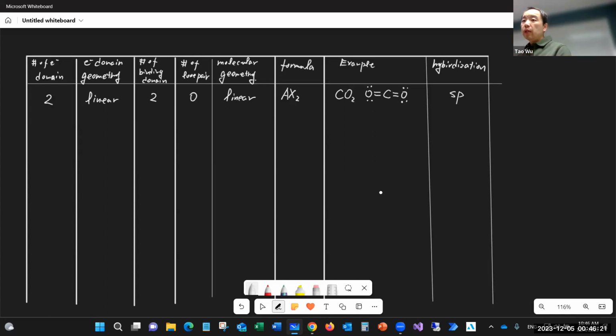Then let's discuss three electron domains. If we have three electron domains, the electron domain geometry is called trigonal planar.